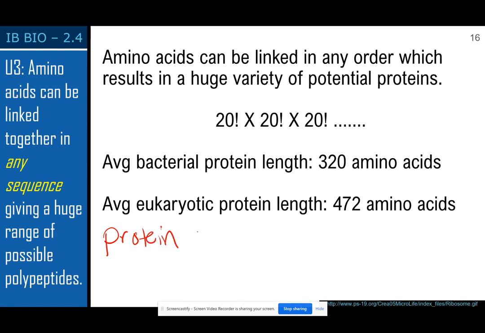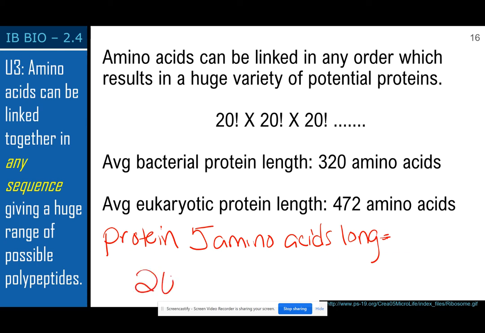Say it's only 5 amino acids long. If I want to figure out how many different combinations of amino acids, I would have to do 20 times 20 times 20 times 20 times 20, right?